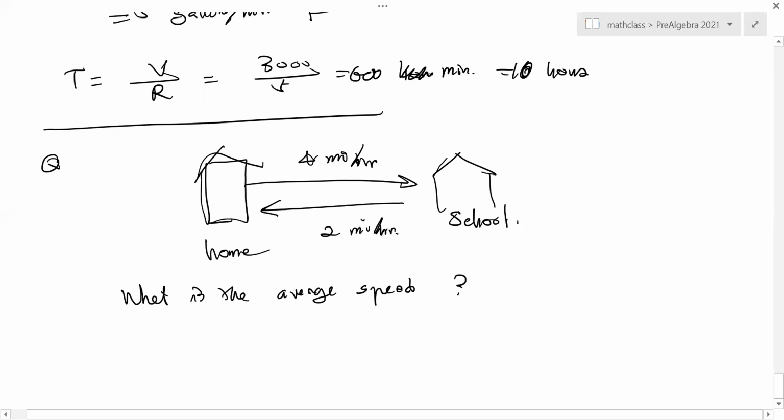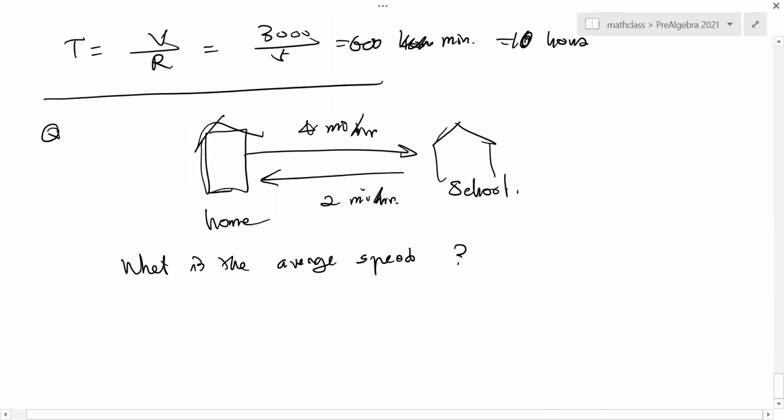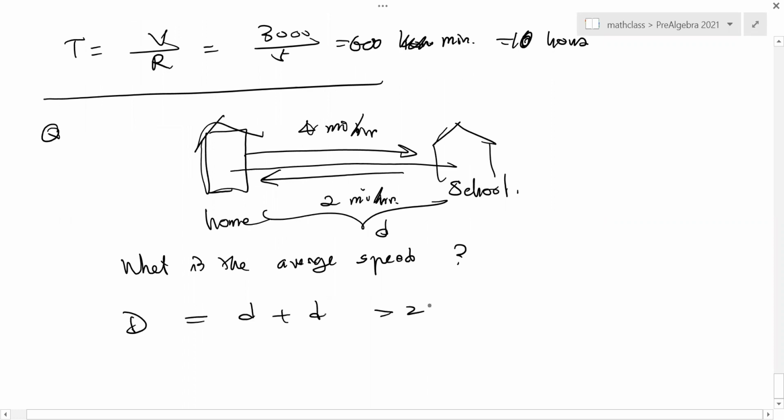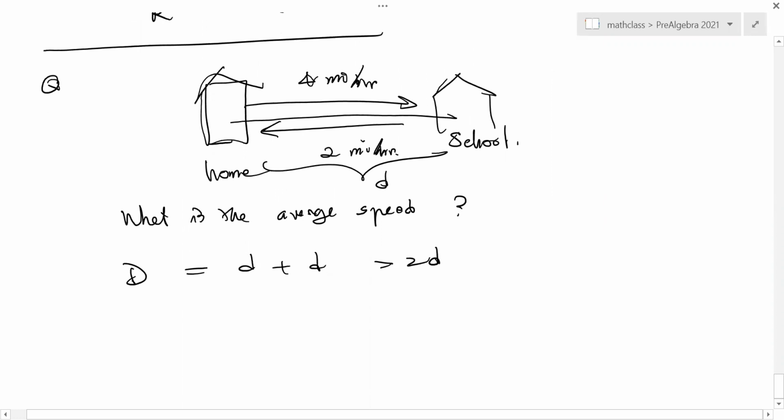The very common mistake is that students will give the average value of the two speeds, like 3 miles per hour, which is wrong. What you have to do is measure the distance. You don't know the d, so you can say d miles, or 5 miles, or 10 miles, doesn't matter. The total distance, d plus d around the trip, is 2d, and you will see this d will be gone.